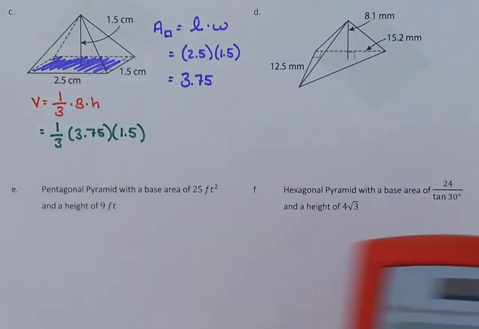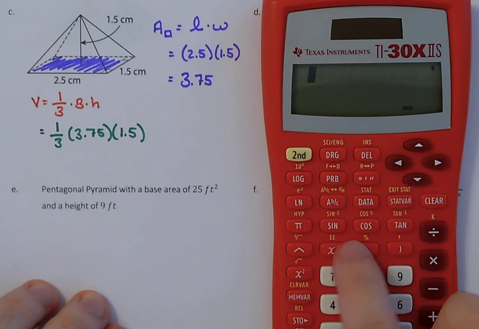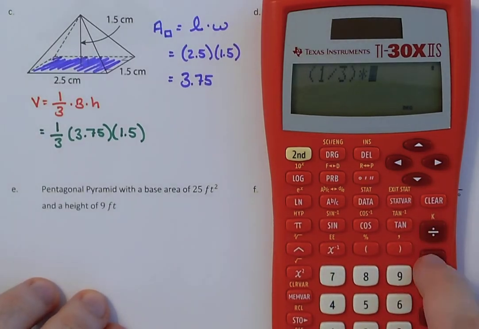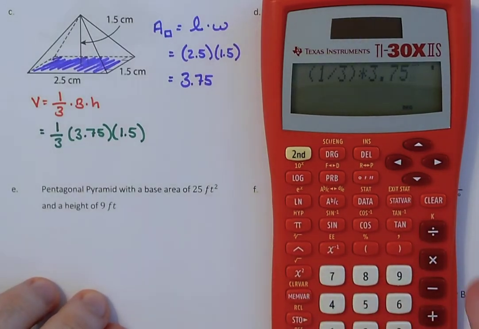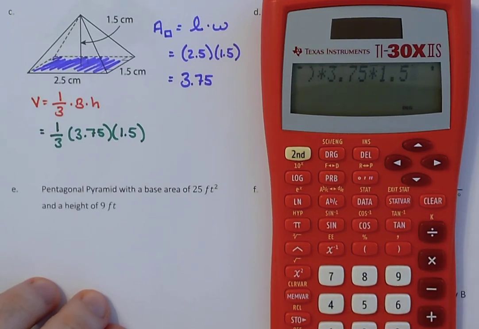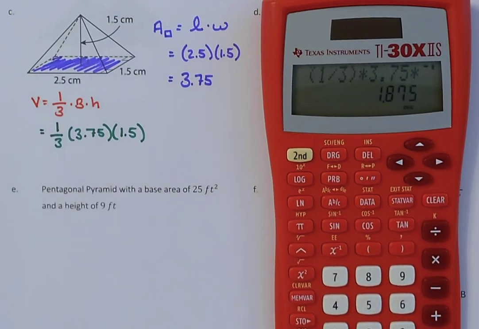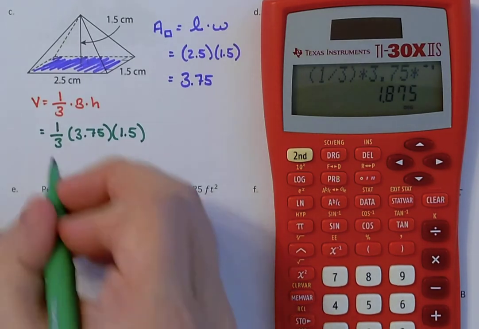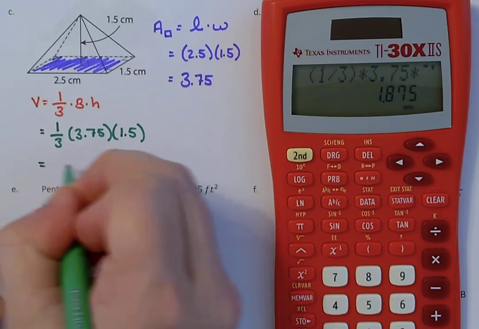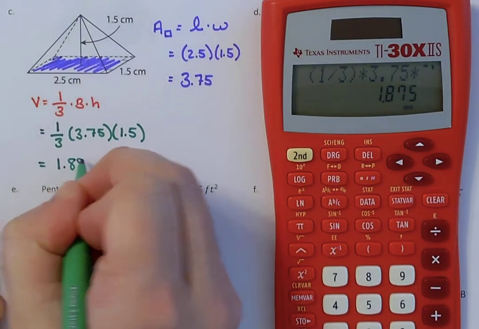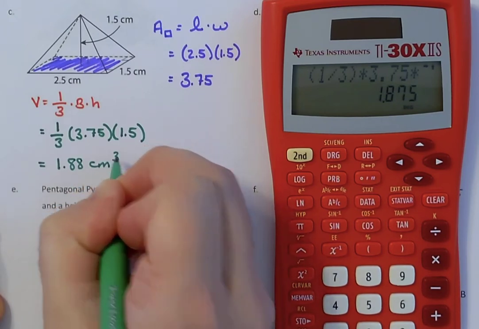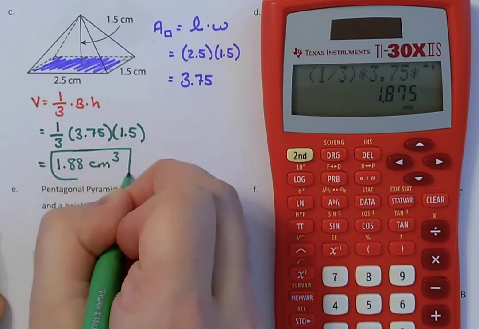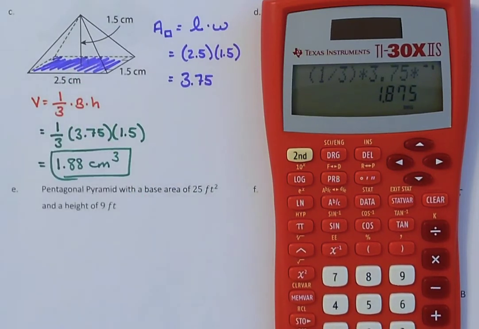So from here, we just need to use our calculator. So if we do 1/3 times 3.75 times 1.5, we end up with 1.875. And because they want us to go to the nearest hundredth, that's 2 decimal places. So this is going to be 1.88 centimeters cubed. And that is the volume of this pyramid.